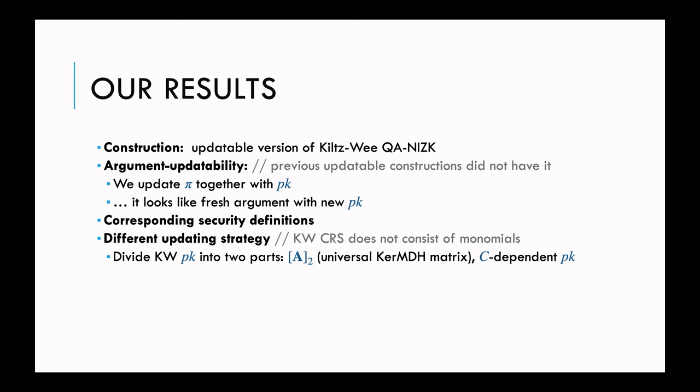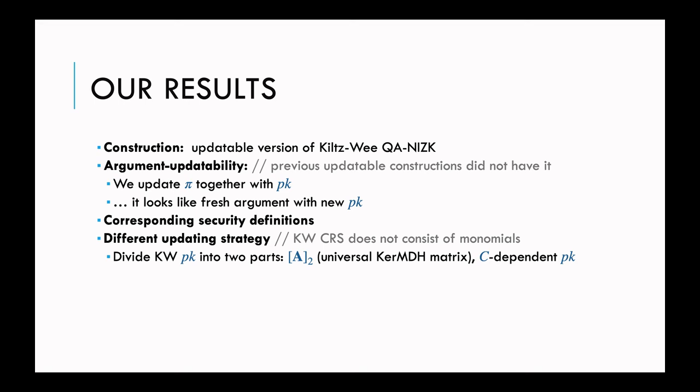One of them is a matrix in the exponents, which is a universal KerMDH matrix that does not depend on anything CONISC related at all. It does not depend on the dimension of the subspace or on the length of the circuit. It is a universal matrix that can be used anywhere we are interested in having a KerMDH matrix, not only in CONISCs.